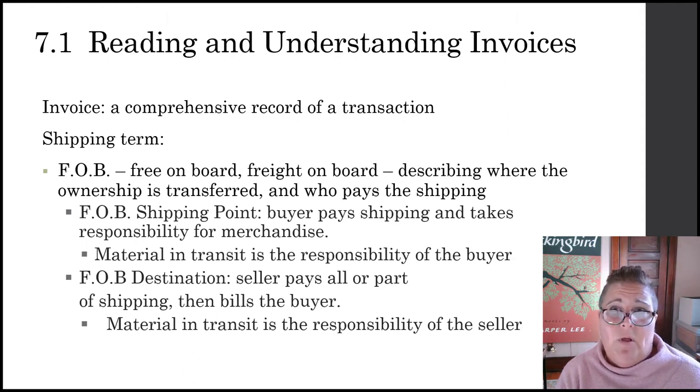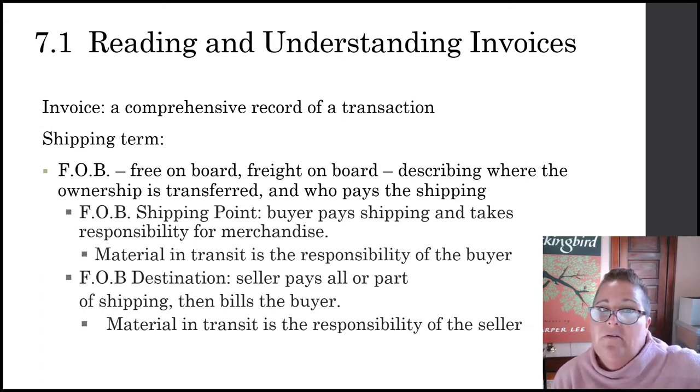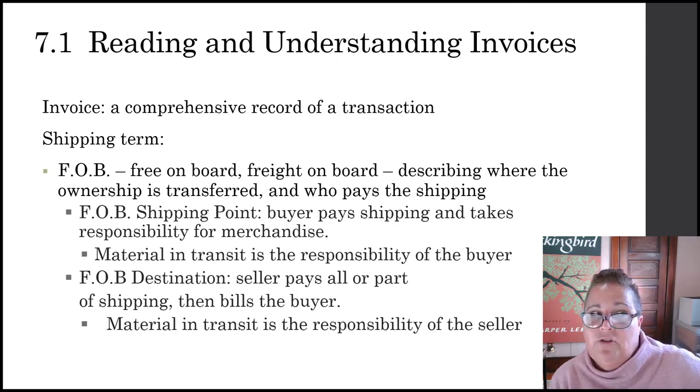If, for example, I had purchased some items from China, and I purchased them FOB shipping point, that means that I'm taking responsibility for the merchandise at the point of shipping from China. So if the ship goes down in the Pacific Ocean, that material is lost to me.